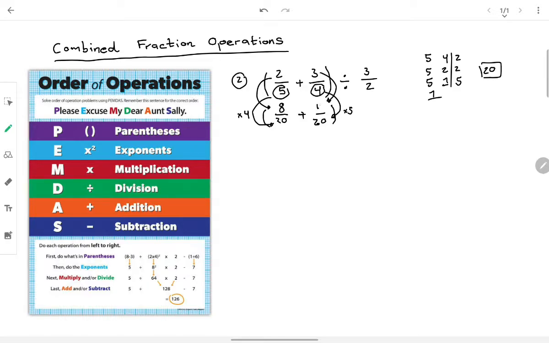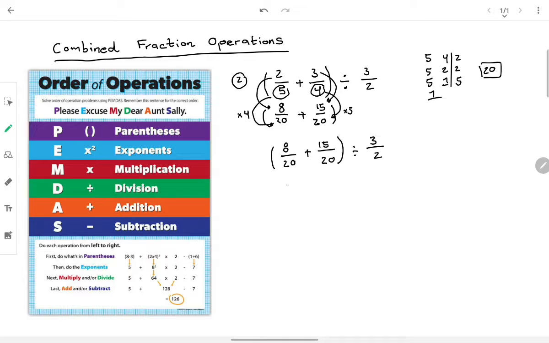We will get 15 over 20. So let's put it here more clearly: 8 over 20 plus 15 over 20, divided by 3 over 2.